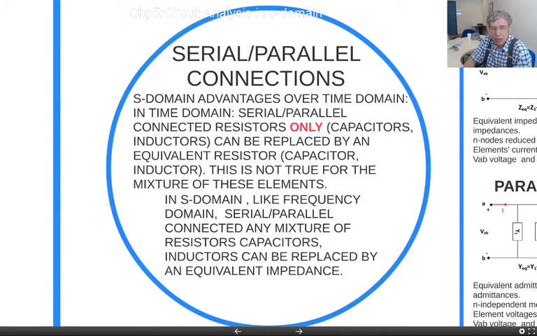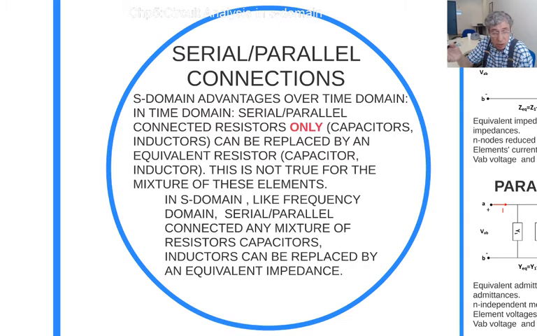What we are saying here is, if there is a resistor and a capacitor connected in serial, you cannot replace those two with one equivalent element in time domain. But you could replace those two with an equivalent impedance in frequency domain and S domain.